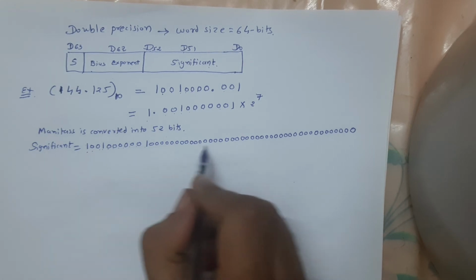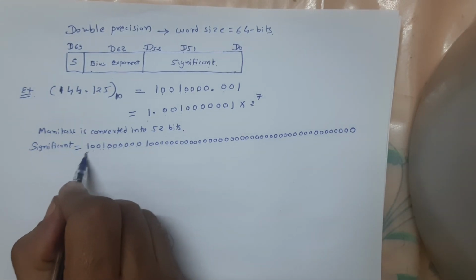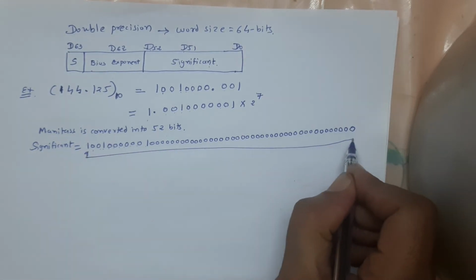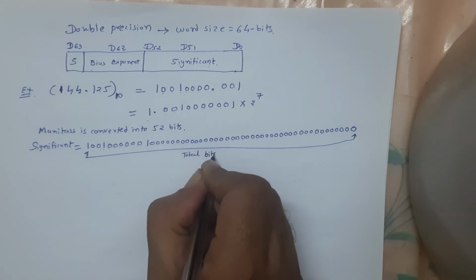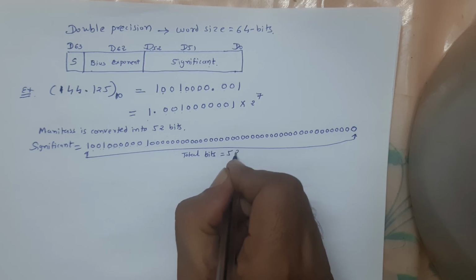So the total bits from here to here is equal to 52.